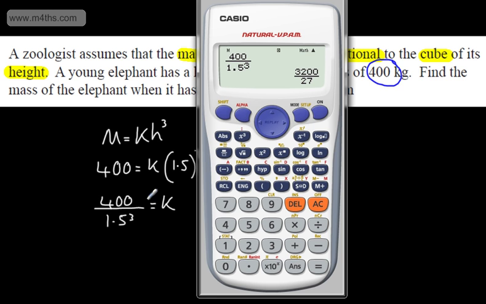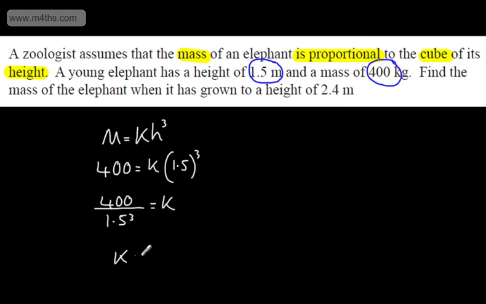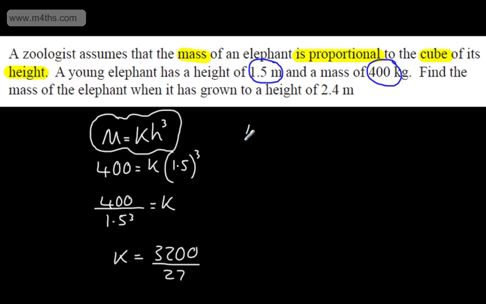So 3,200 over 27, so let's write this in. k is going to be 3,200 divided by 27. So I'm now going to rewrite this statement with our value of k, which is the constant of proportionality, 3,200 divided by 27 multiplied by h cubed.